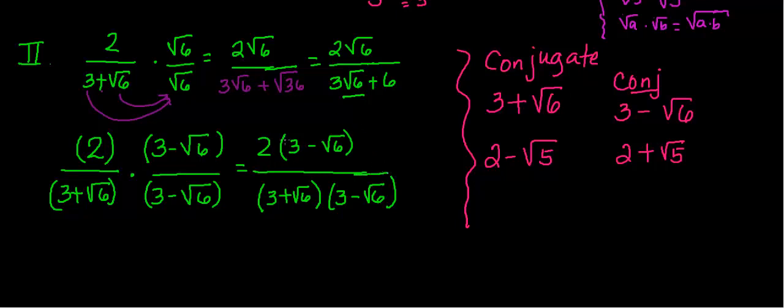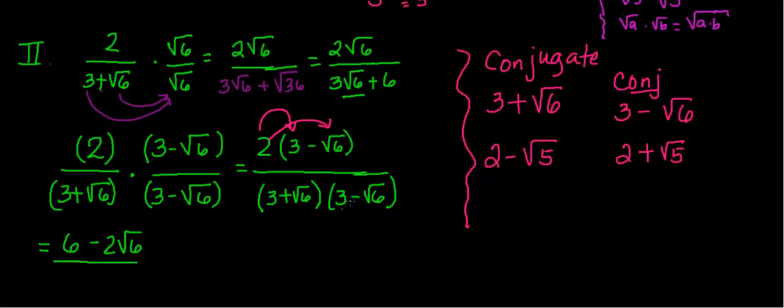Okay? In the numerator, I'm going to use the distributive property. I'm going to multiply 2 times 3, and then I'm going to multiply 2 times negative square root of 6. Let's do that first step. 2 times 3, you get 6. 2 times negative square root of 6, you get negative 2 square roots of 6. You're done with your numerator.